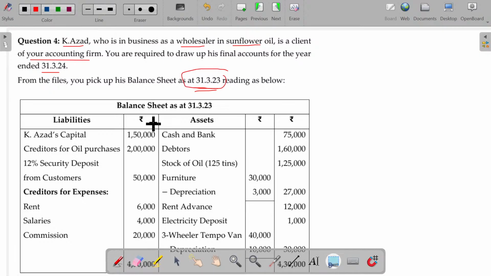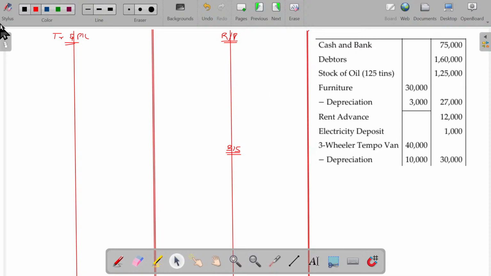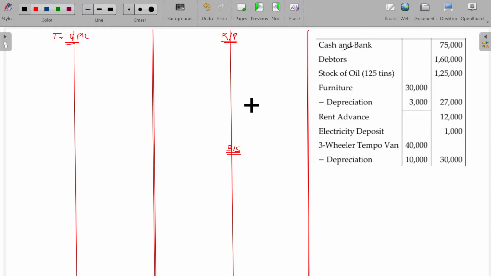You can finish up posting all the assets first of all. Come on, start posting all these assets and liabilities. Cash and bank, opening balance, right? Opening balance should be in the receipts and payment, the value being 75,000. Debtors 1,60,000.